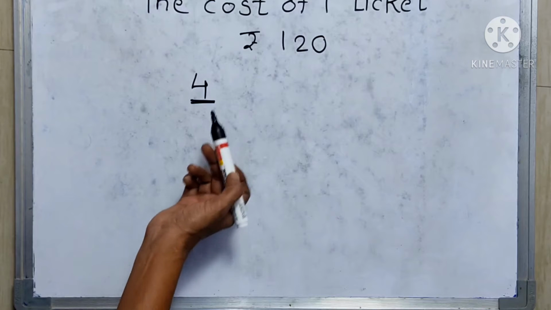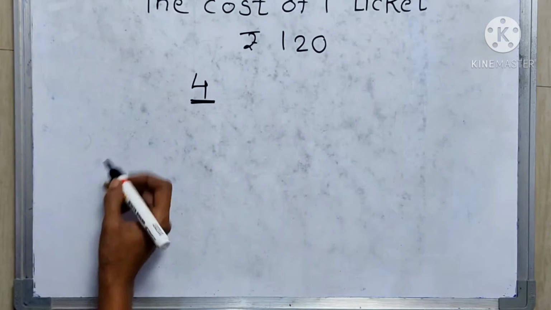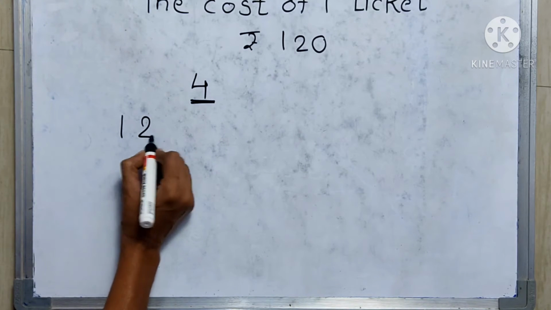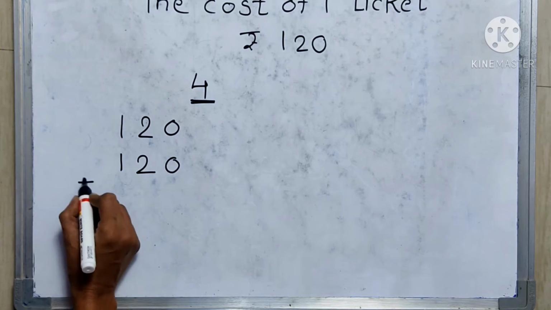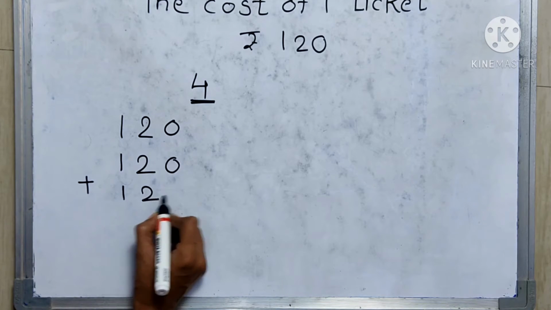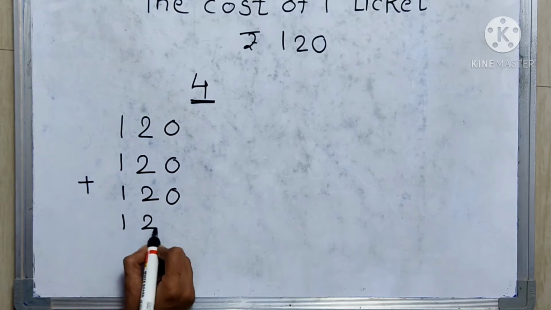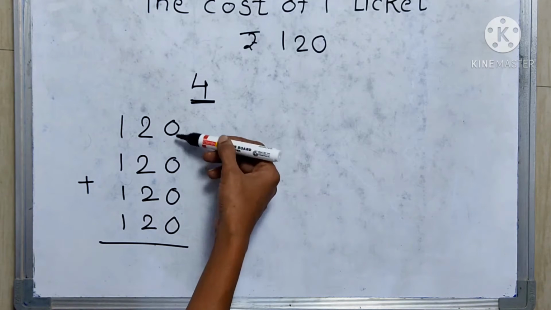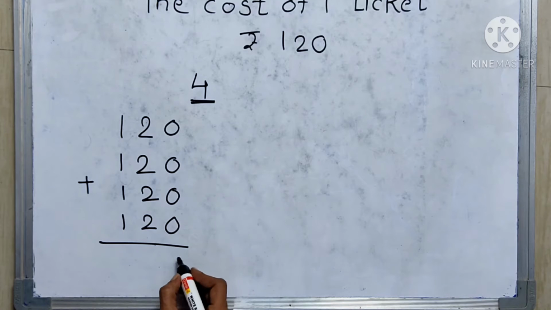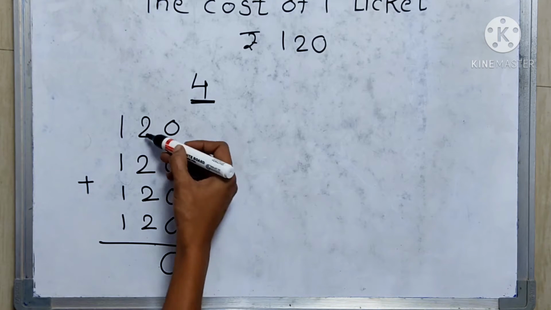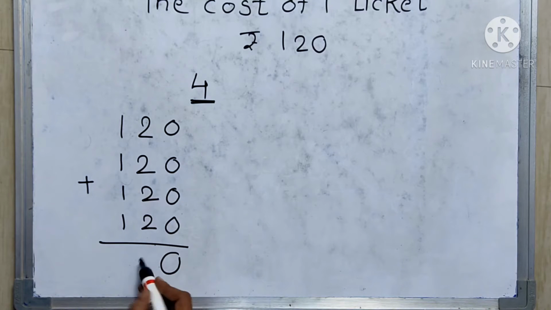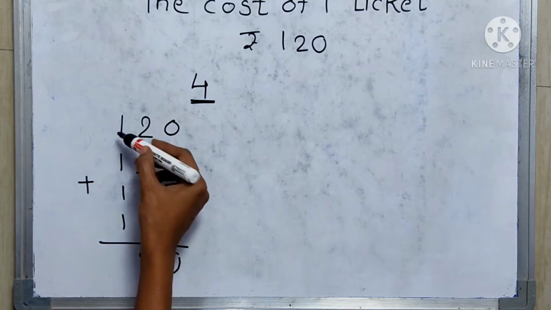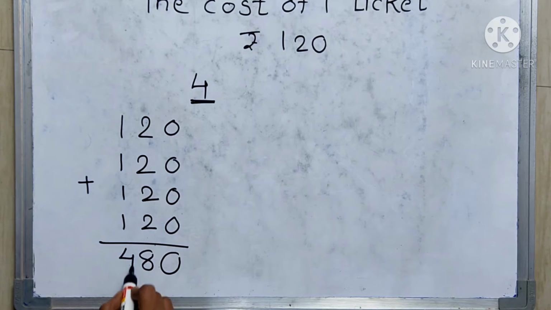So add 120 4 times. 120 plus 120 plus 120 plus 120. Add this: 0 plus 0 plus 0 plus 0 is 0, 2 plus 2 is 4, 4 plus 2 is 6, 6 plus 2 is 8, and 1, 2, 3, 4.